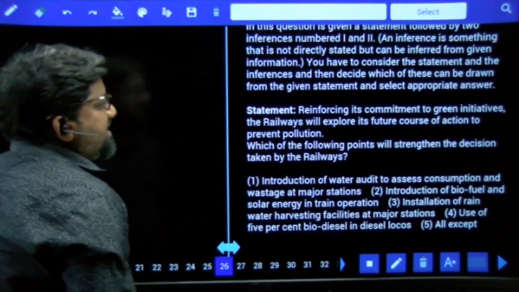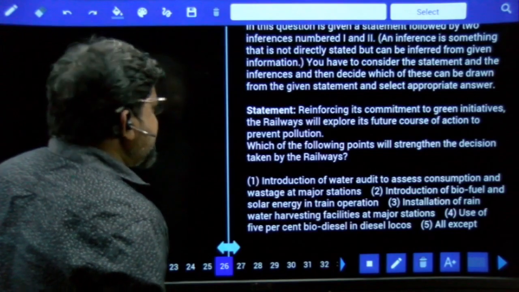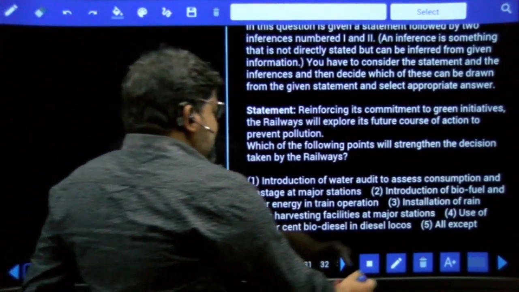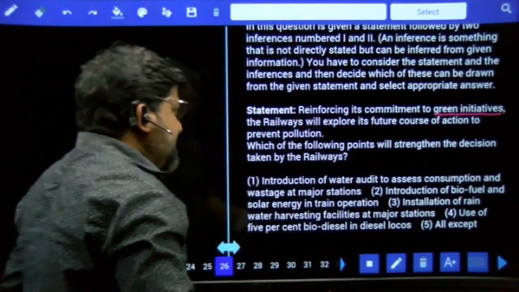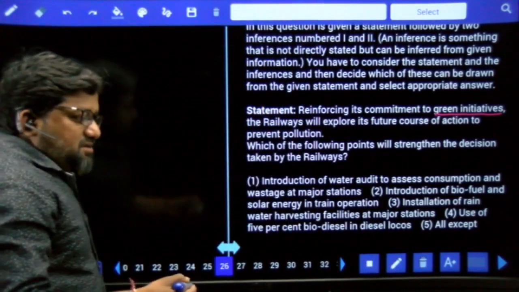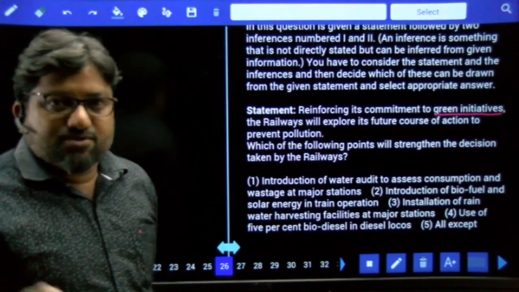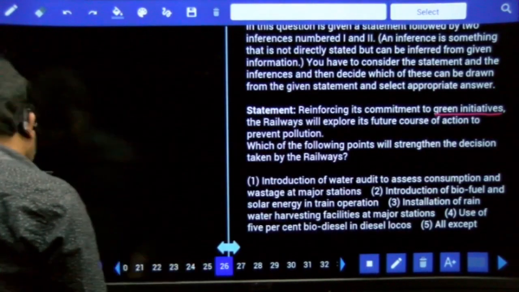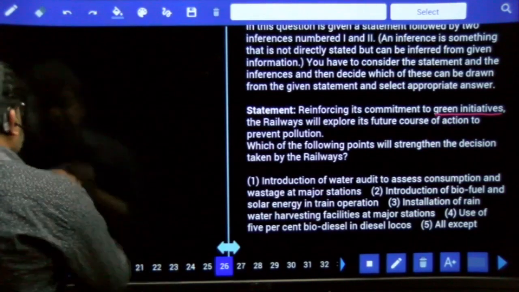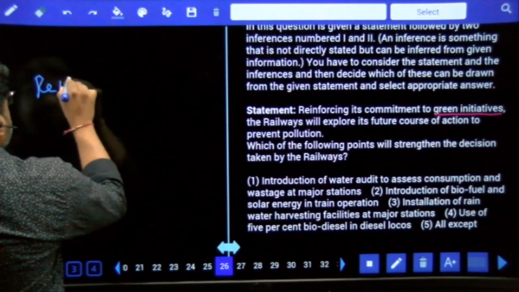What's going on here? Reinforcing its commitment to initiative. Green initiative. Underline this point. Green initiative is something to do with the environment, to protect the environment, or to see that no damage is being done to the environment. Okay. Reinforcing. What do you mean by reinforcing? Come on, this is what is important.